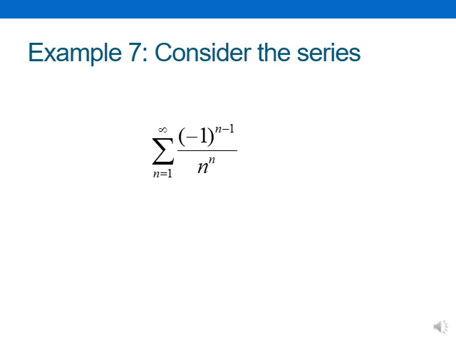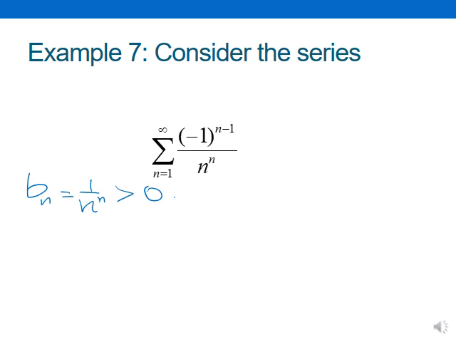Now let's solve this example. First of all, we need to show that the series converges. Let's check our condition. This is an alternating series written in the form (-1)^(n-1) times 1 over n to the power n. The absolute value of the nth term is 1 over n^n, which is definitely a positive value.